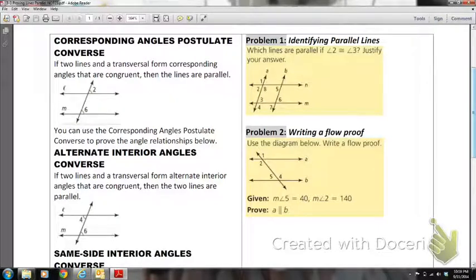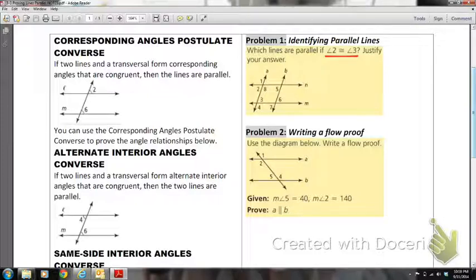In problem 1, we're identifying which lines are parallel if angle 2 is congruent to angle 3. We have to justify our answer, which means we're going to use one of these converses from this lesson as a reason for making that statement. So let's look at angles 2 and 3.